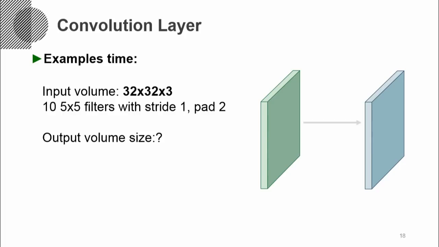Okay, and then let's consider the number of parameters and the number of activations. Suppose we have an input volume of 32 by 32 by 3, and suppose we applied these filters with a stride of 1 and zero padding of 2.